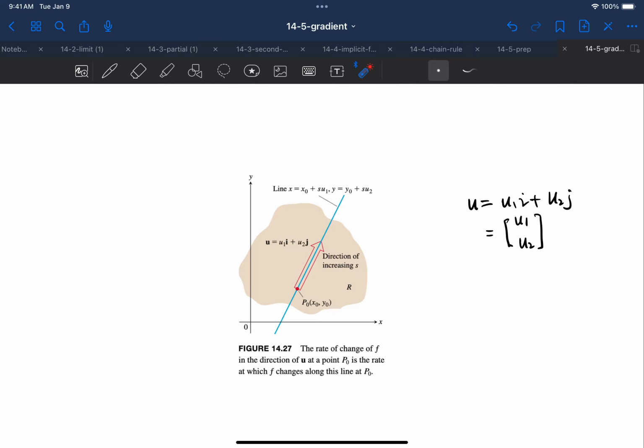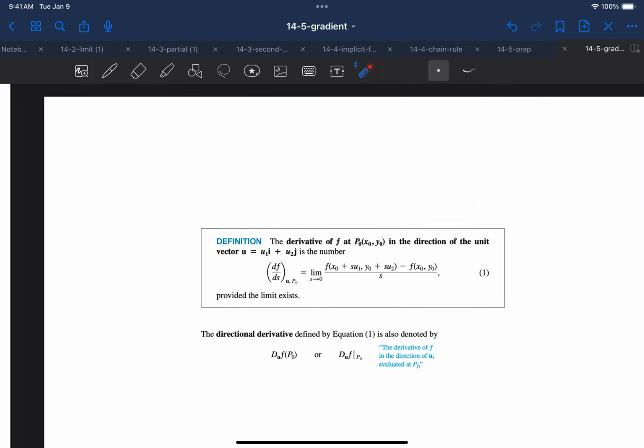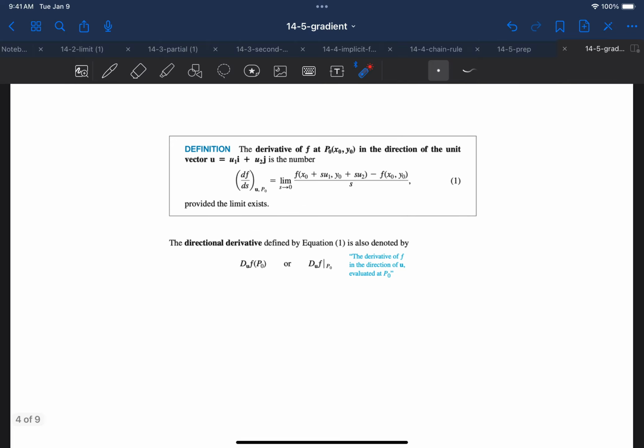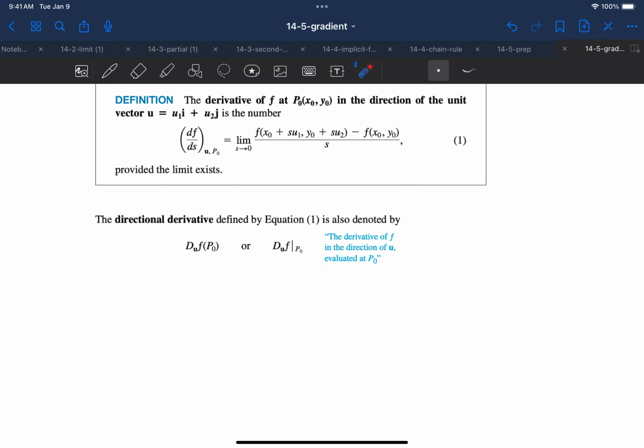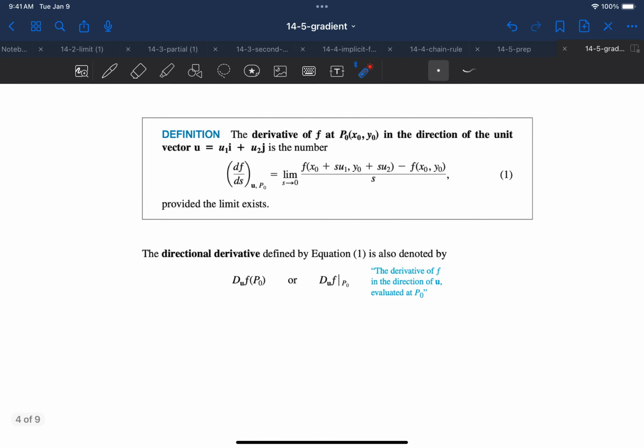That's what it means. Now, how should we define that by formal language or mathematical formula? The derivative of f at p0 = (x0, y0), where p0 stands for your current position, x0 the x coordinate and y0 the y coordinate.